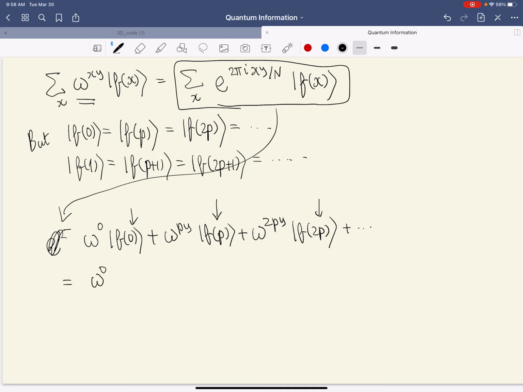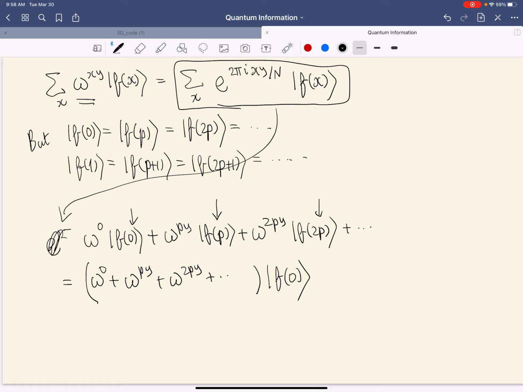So I can put them into a factorized form, multiplying exactly the same state. That's cool.